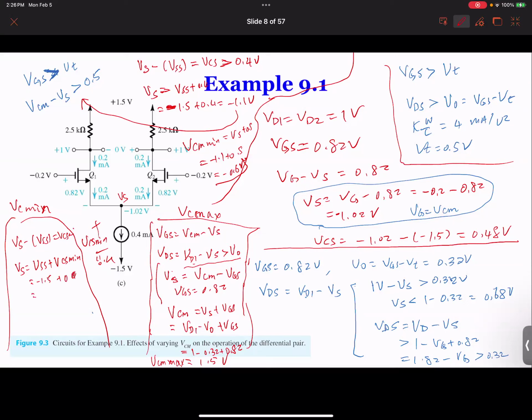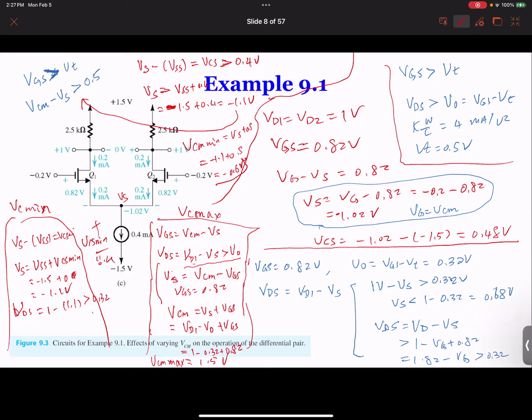That gives you minus 1.1 volts. So that's VSS given. Now we use VDS. VDS is equal to 1 minus VS, which is 1.1, has to be larger than VO, 0.32.